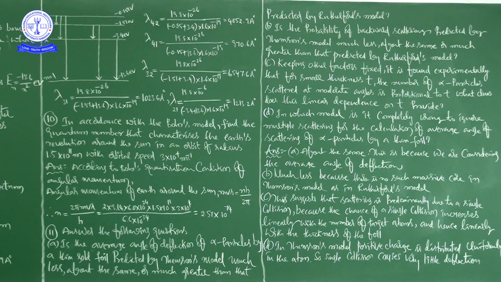Okay, right. Next problem, that is the 11th problem according to our textbook. See here, answer the following questions. They have given some questions. These questions help us to understand the difference between Thomson's model and Rutherford's model better, because in the first exercise problem I told you, there also we understood the difference between Thomson model and Rutherford's model.